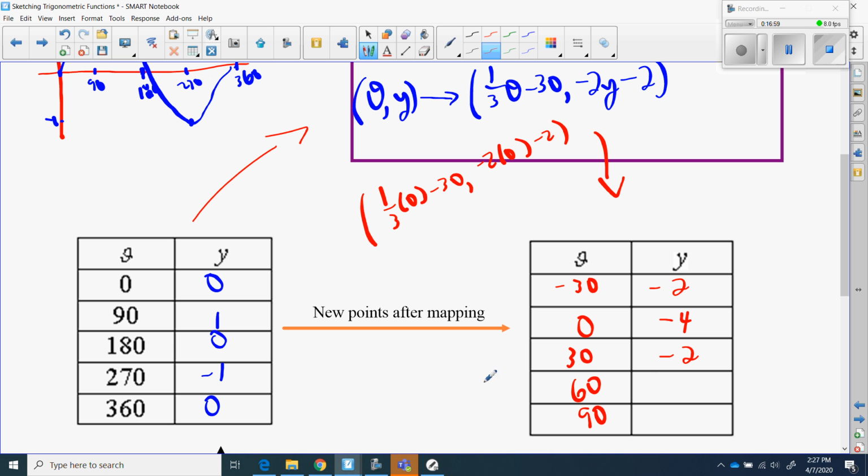Now these ones here, we've got to be careful because we haven't done negative 1 yet. So let's put it in here for y. Negative 2 times negative 1 is a positive 2. Take away 2, that will give us a 0. And then if I do 0, which I've done already twice, I know that I'm going to get negative 2.